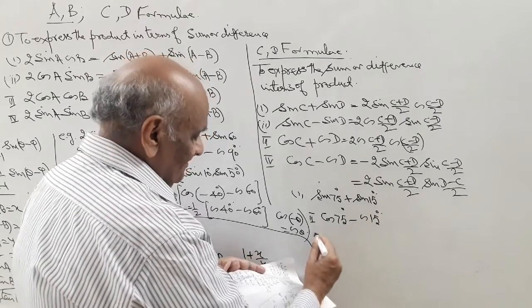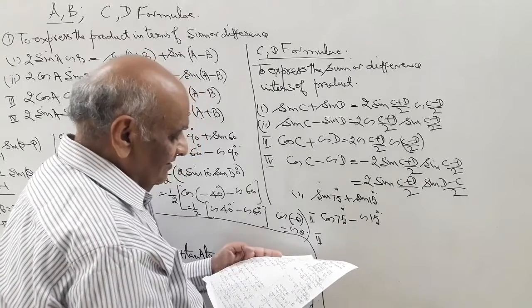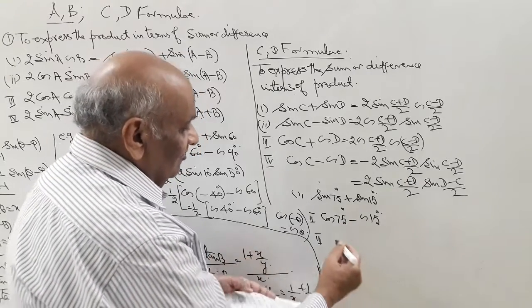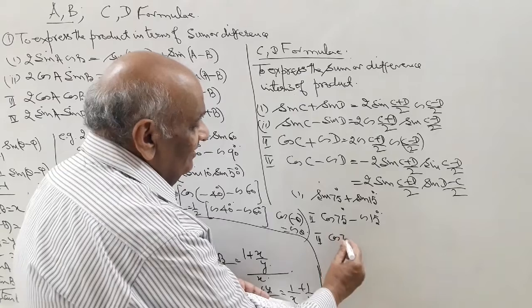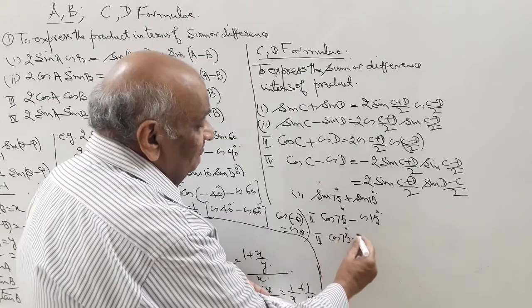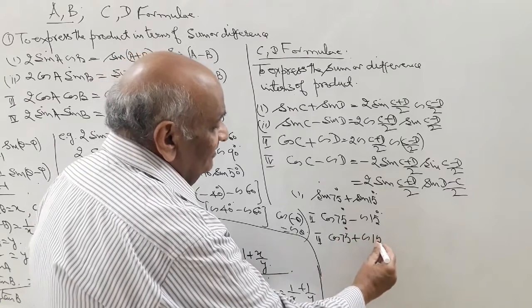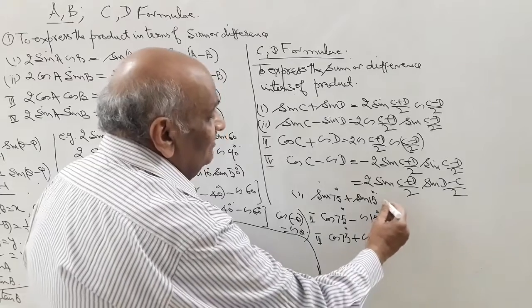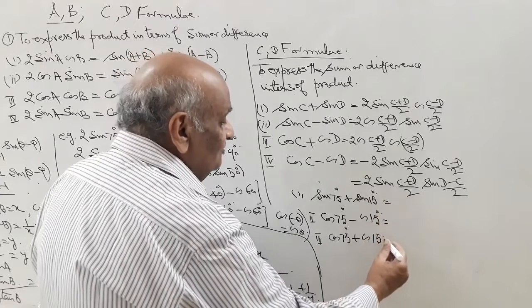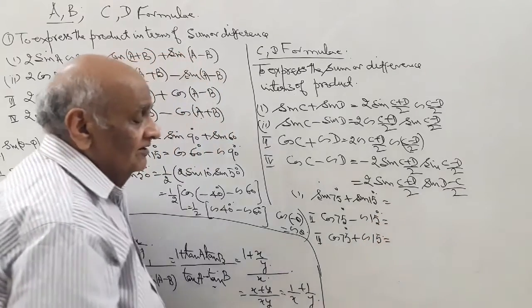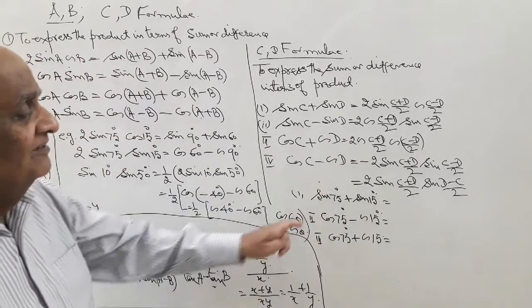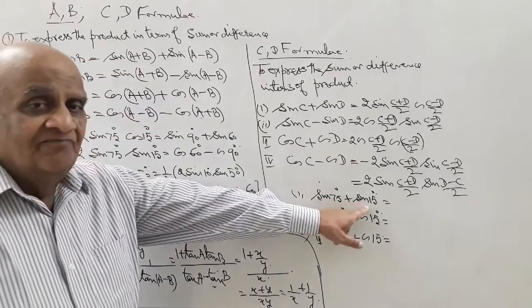Third, you have cos 75 degrees plus cos 15 degrees. That is, we are to express in terms of the product. See, this angle is C, this angle is D.